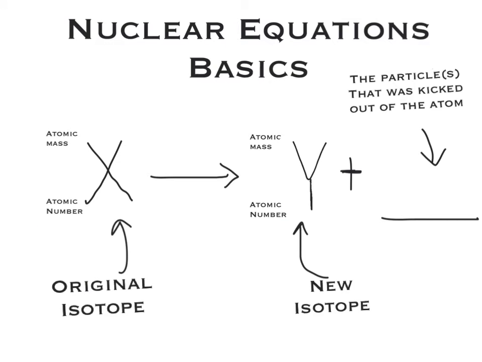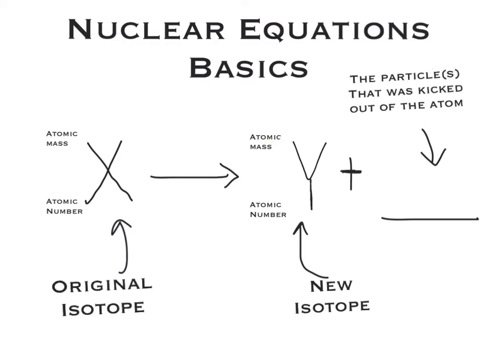Now, before we get into the actual equations, just some of the basics of a nuclear equation. It might look a little different than what you're used to. We'll start with the original isotope. The X just marks the symbol for that isotope. We would put its atomic mass here and its atomic number down here. Now we move over to the right. We have our arrow. We start with our original isotope and we'll be creating a new isotope here.